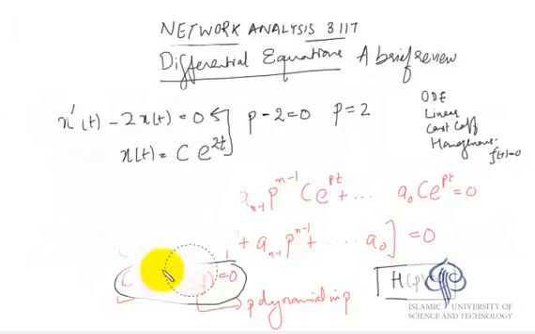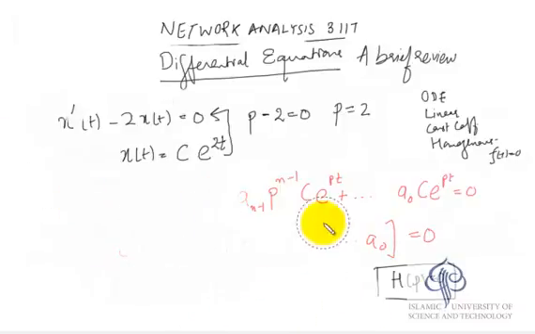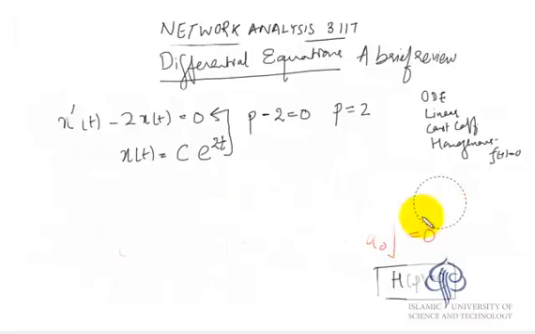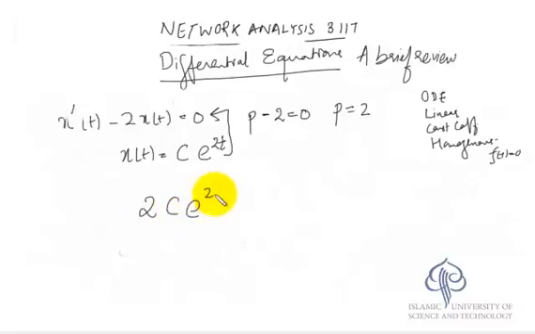When you substitute c e to the power 2t, you will see what it gives you. Differentiate this once, you get twice c e to the power 2t, and then minus twice c e to the power 2t is equal to 0. So 0 is equal to 0. So this is a solution to the differential equation.